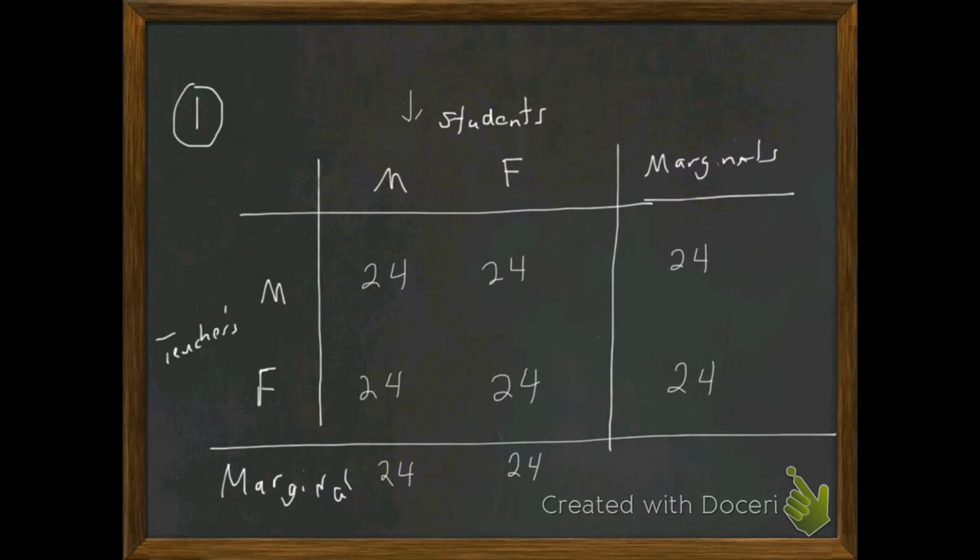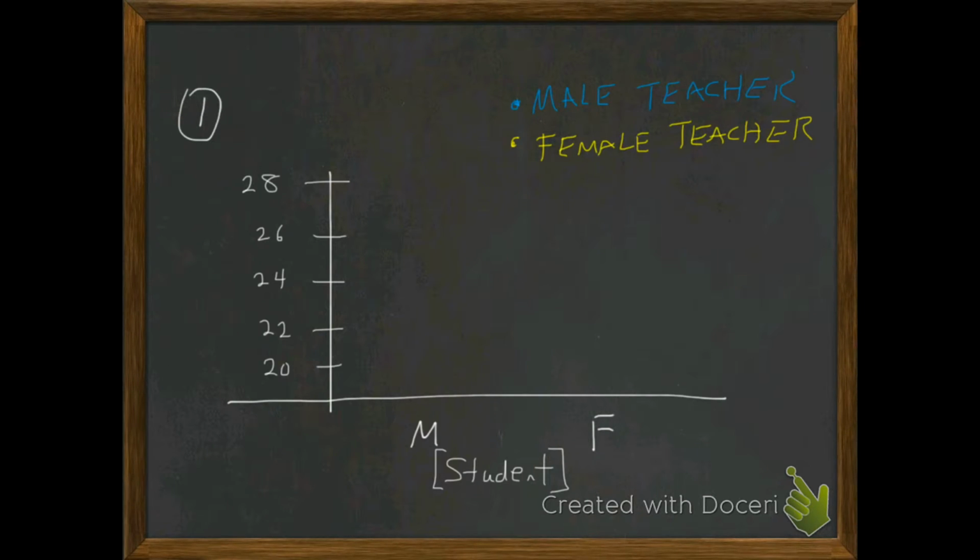Now, if we got something like this, our interaction plot is going to have a blue line from 24 over to males of 24. And it's going to have a yellow line drawn right on top of that.